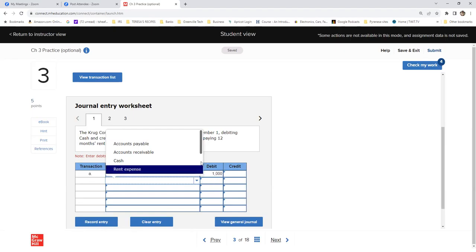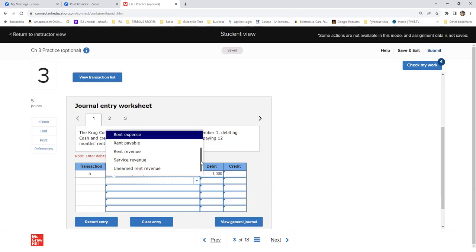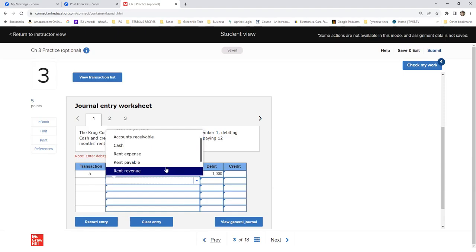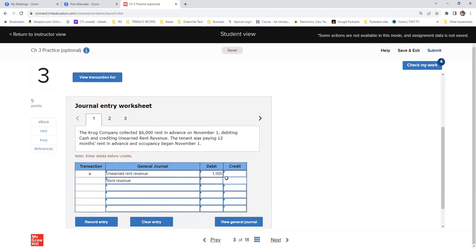I apologize. No, I'm sorry. We're going to credit rent revenue. I did it right. Rent revenue, $1,000. So your debit's going to be unearned rent revenue. That's going to reduce the balance in the account by $1,000. And we're going to credit rent revenue.